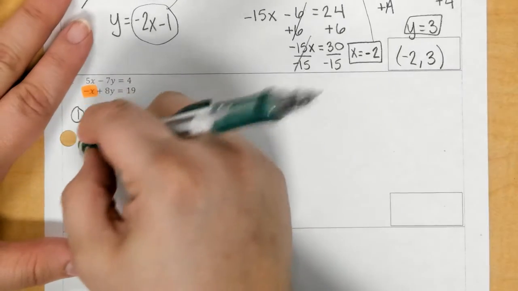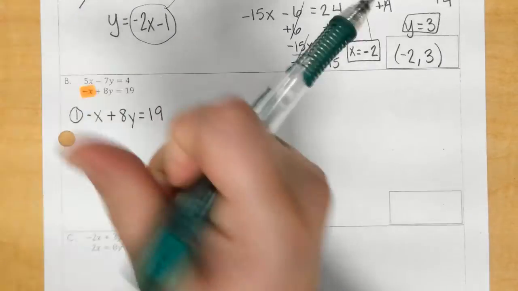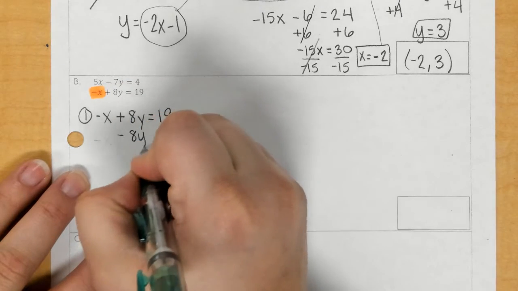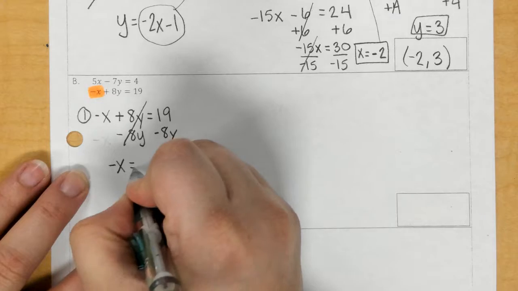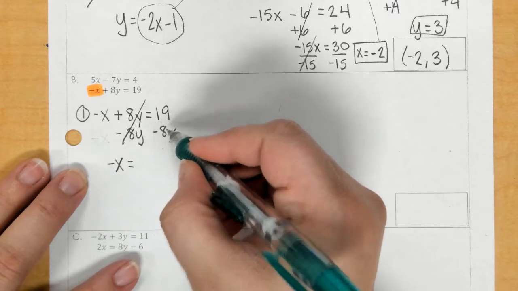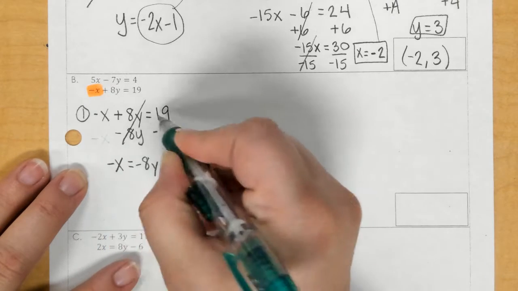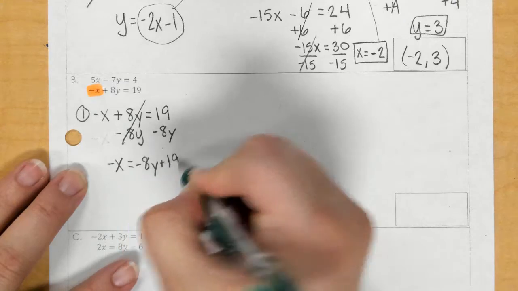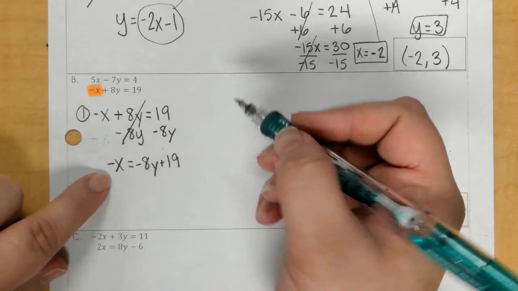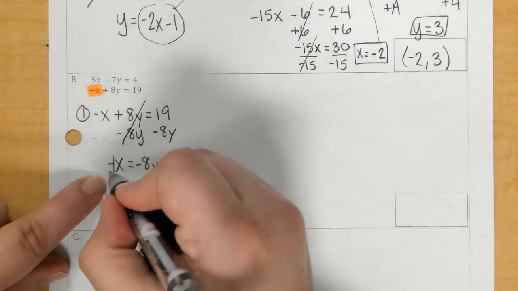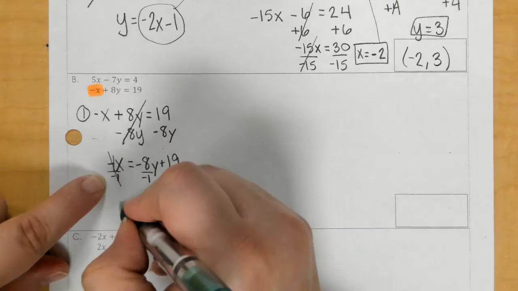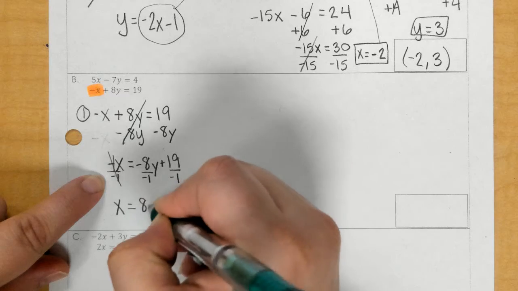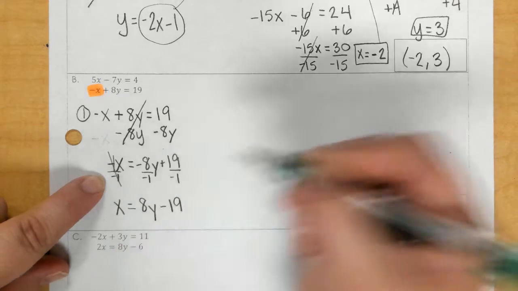So let's subtract 8y. We have negative x, then negative 8y plus 19. But we still have a negative, so we're going to make that a negative 1, and we're going to divide by negative 1. So x equals 8y minus 19.